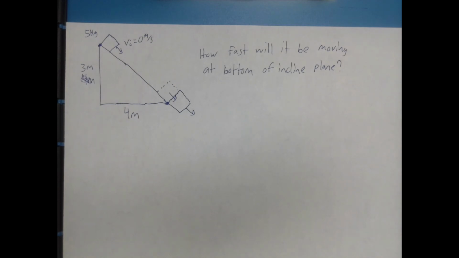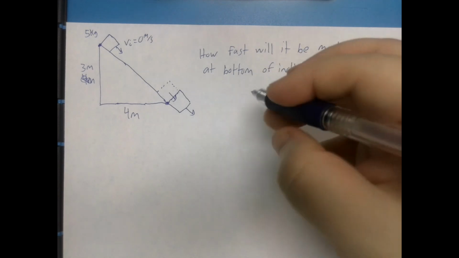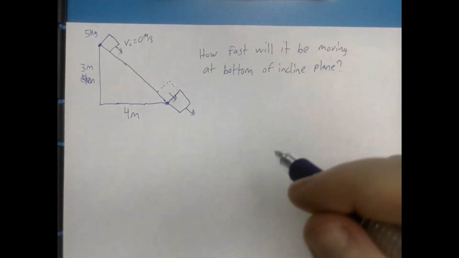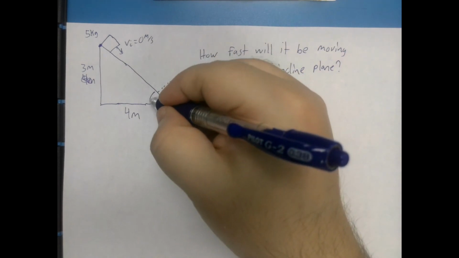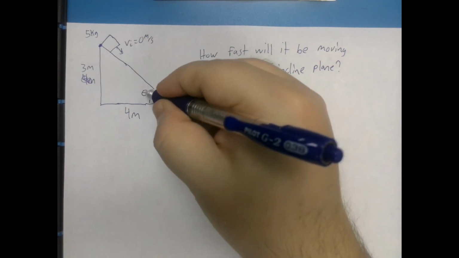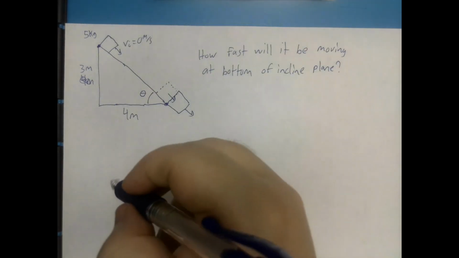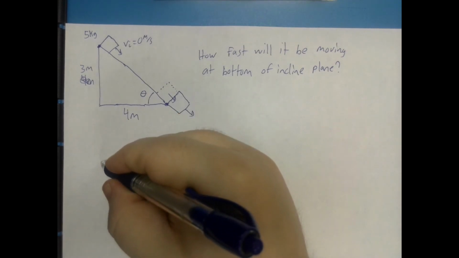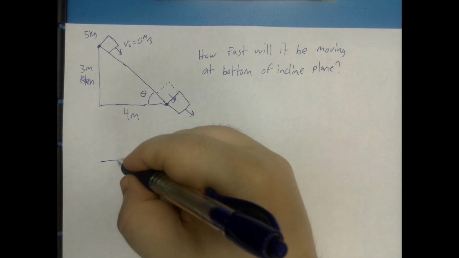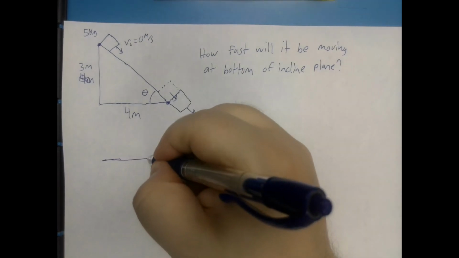But let's see. So we're going to change our axis. We need to figure out what this angle is. And so we need to change our axis. We need to redraw this. So that's horizontal instead.